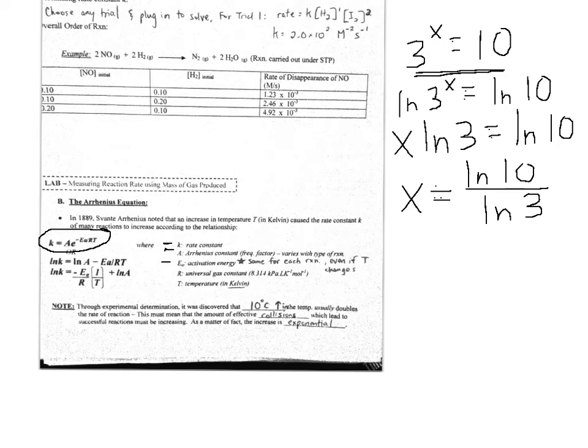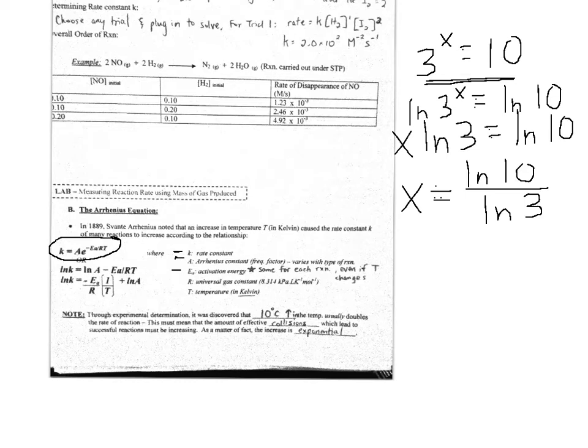So it's similar with the Arrhenius equation. We want to get rid of this crazy exponent, so we take the natural log of both sides. One thing you might have noticed is the small e, which is right there.